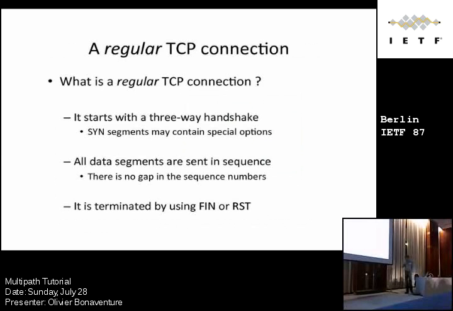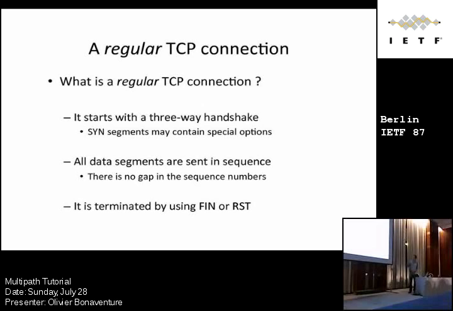So I said, to be able to build a multipath TCP connection, I need to combine multiple subflows, and each subflow must appear as a regular TCP connection. But what is a regular TCP connection? If I look at IETF documents, there is no standard definition of what is a regular TCP connection that would be accepted by middle boxes. So what have we inferred for what is a regular TCP connection for multipath TCP?